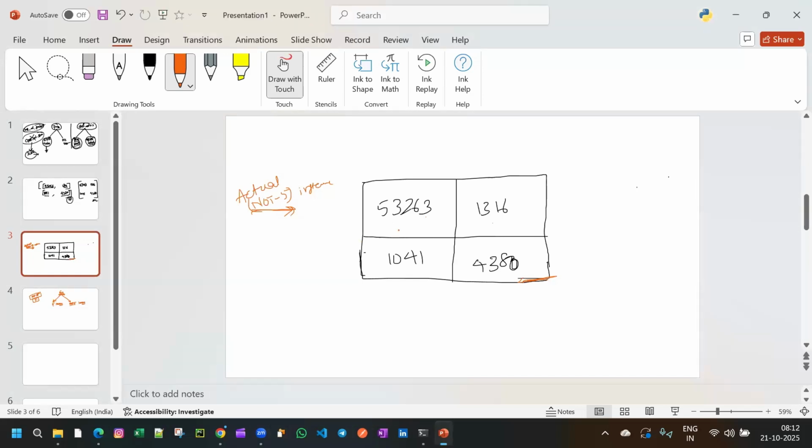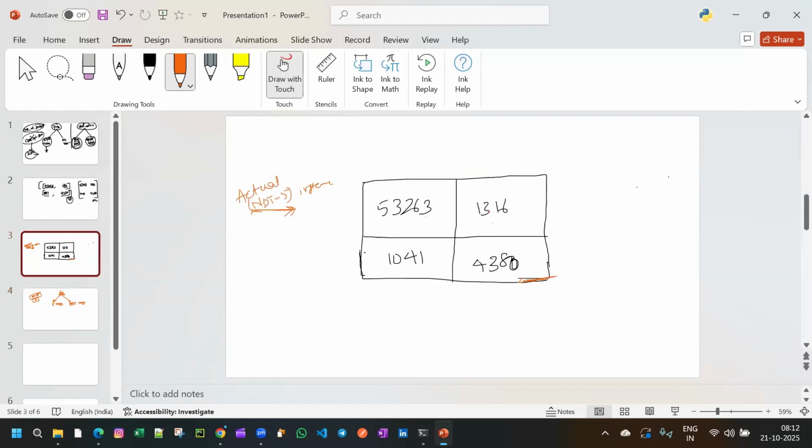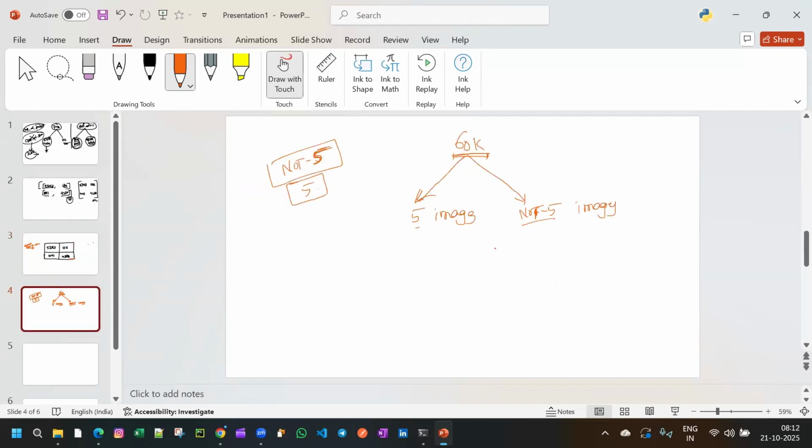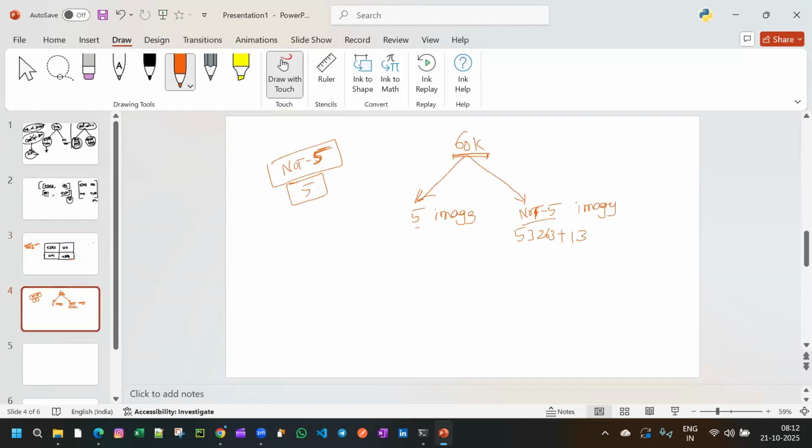So I'm calculating the not 5 images: 53263 plus 1316.